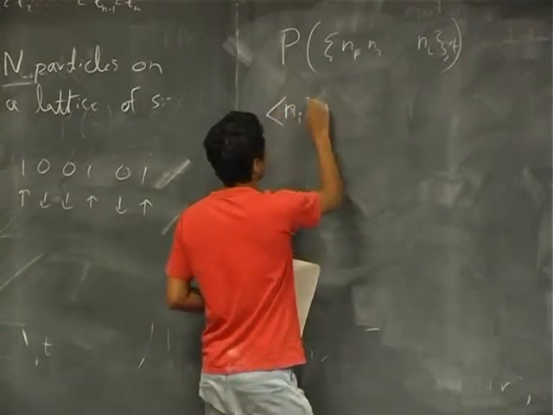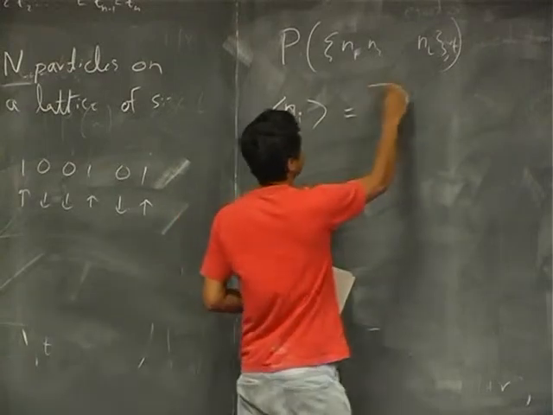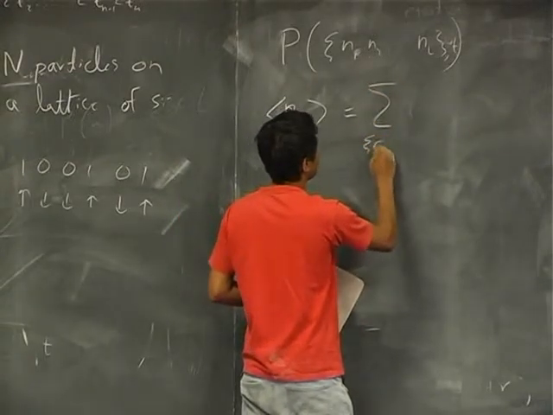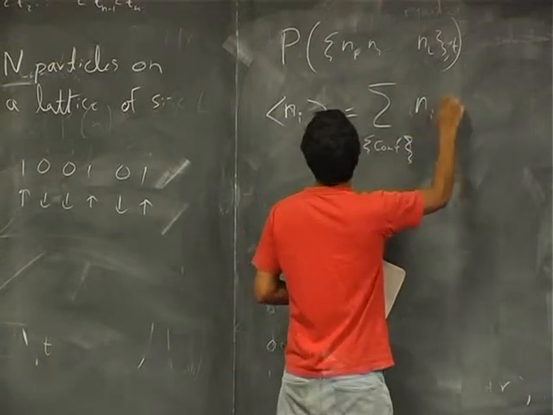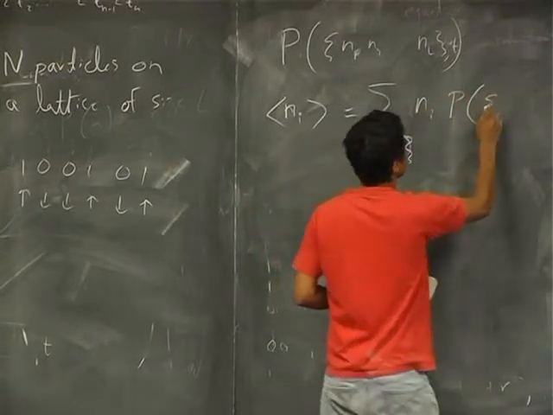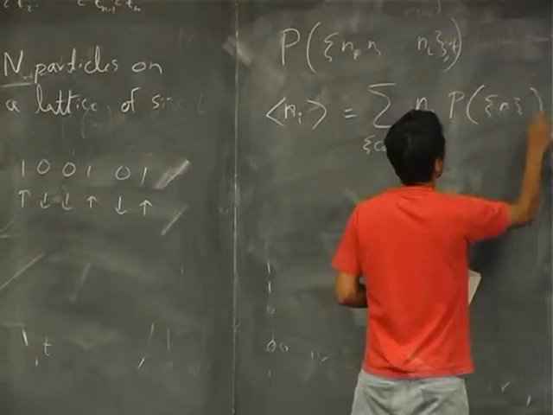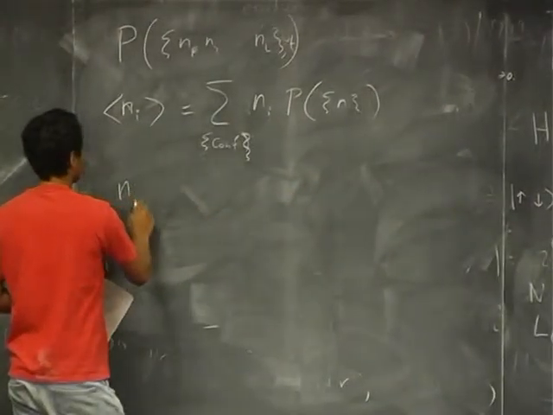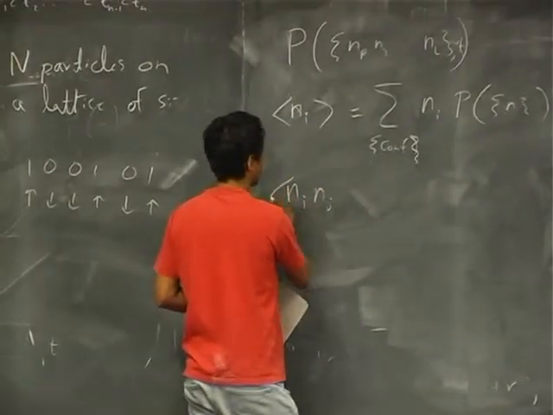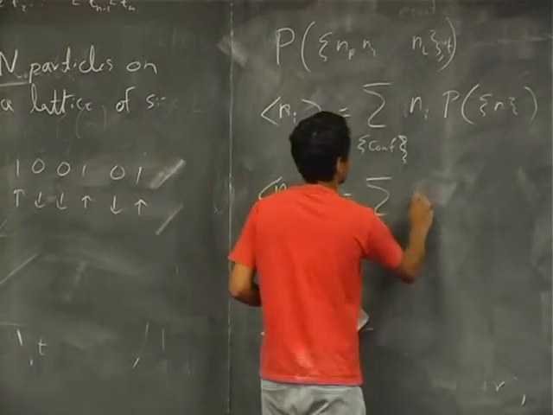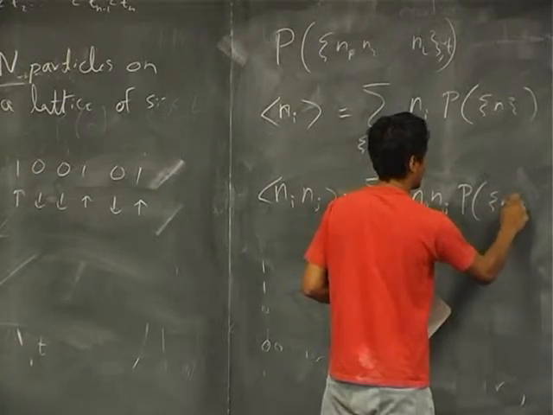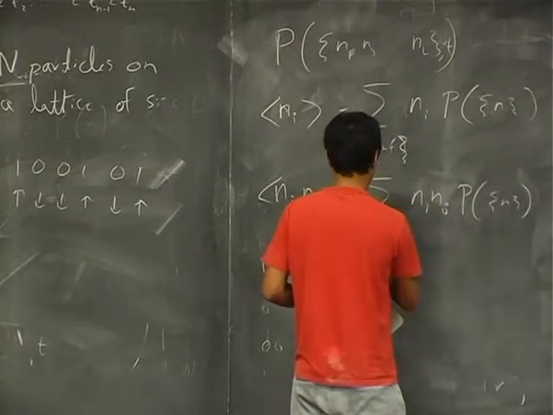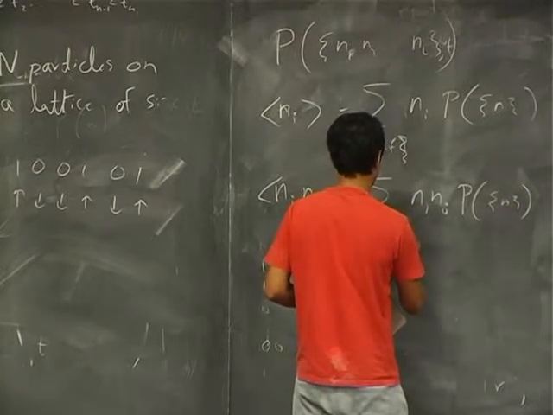So I can define Ni average. This is basically the sum over all configurations of Ni times P of N. Similarly, I can define Nij, which is the sum of Ni Nj times P over all configurations.